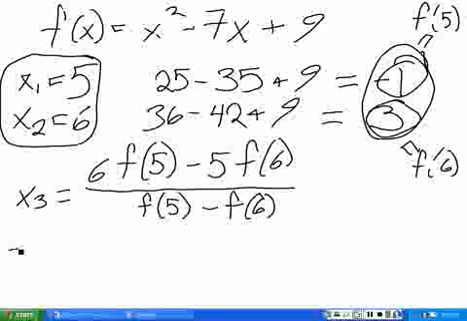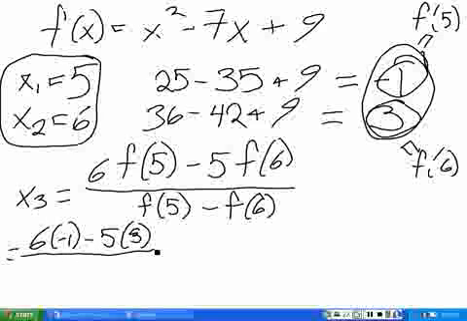So I get x3 equals 6 times f of 5, which is negative 1, minus 5 times 3, and this is going to be over minus 1 minus 3.